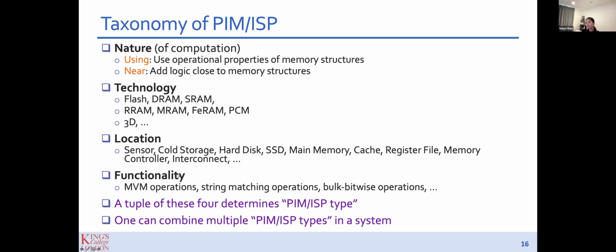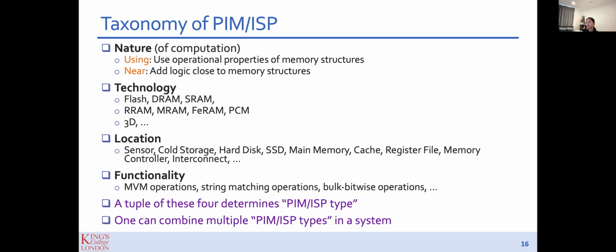And the fourth one is functionality, meaning what kind of functionality the processing units offer for the processing inside memory or in-storage processing. Currently, we have some PIM and ISP that support MVM operations, which is the matrix-vector multiplication operation, and which is a dominant operation inside the large language models, right?